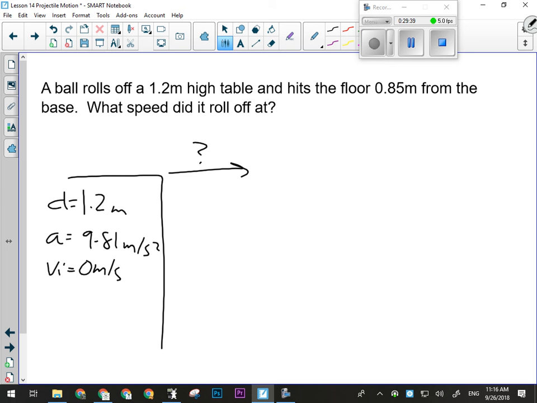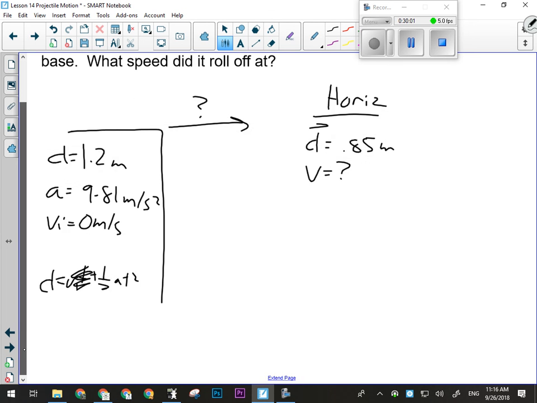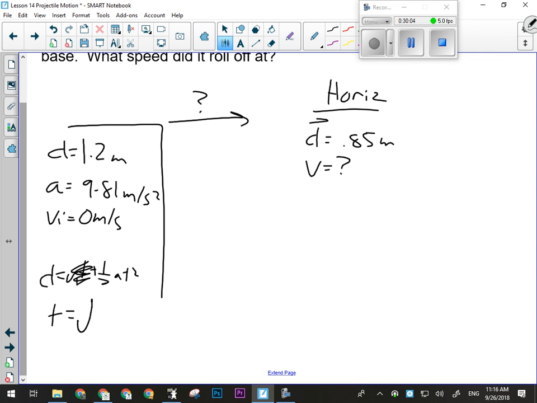Okay, from a horizontal perspective, all I know is how far it travels. So it's displaced 0.85 meters horizontally, and I'm trying to find v, which means I need time, just like we almost always do in a projectile motion question. So again, we'll use d equals vi times t plus 1/2 at squared, except that vi term is 0. Manipulating for t will be the square root of d over half of a.